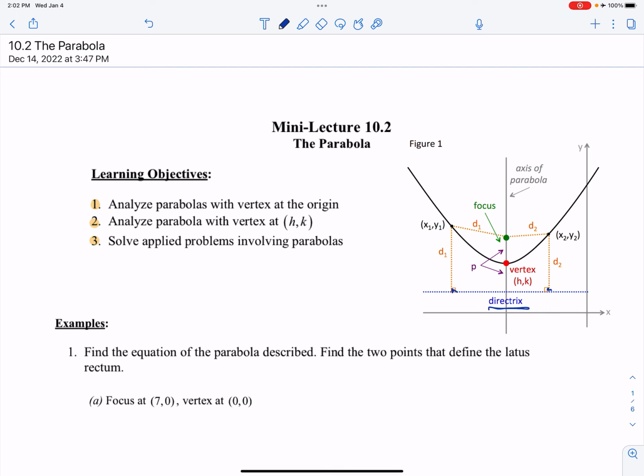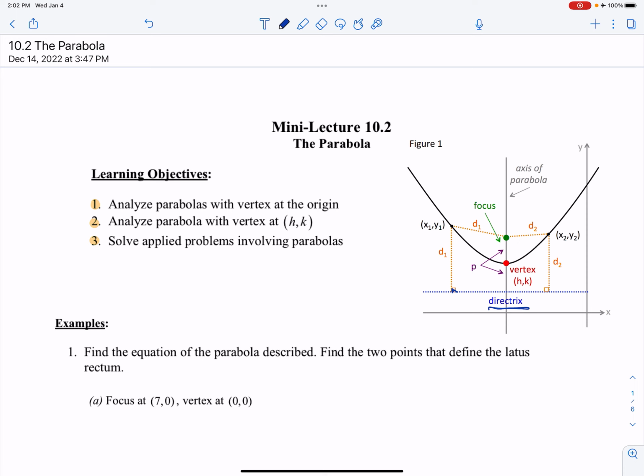And notice that D1 is the length from our focus to this point x1, y1, which is the same length from this axis. It's the same distance from the axis to our parabola and from our parabola to the directrix. So those two values are the same distance.